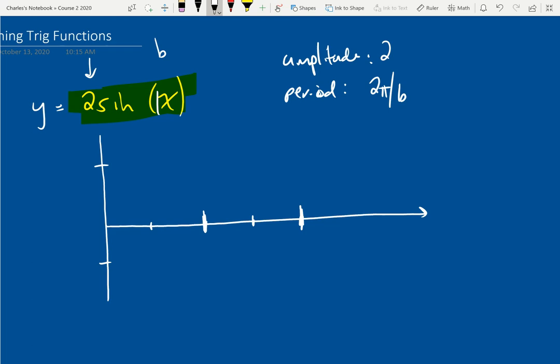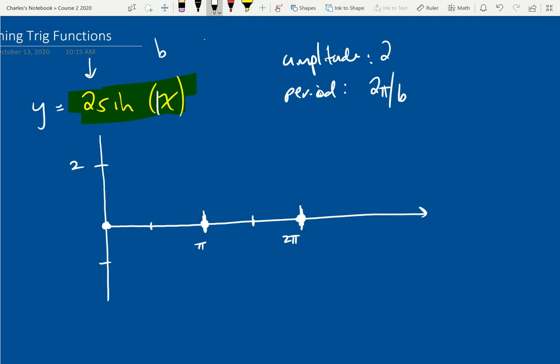If I'm graphing this, one thing I need to know is that because it's a sine wave, it's going to start in the middle. It has a period of 2 pi, so I'm going to label this as 2 pi, which means this is pi. After it completes one full revolution, it's going to be right back where it started. And since it's sine, in the middle of that revolution it's going to go through the middle again.